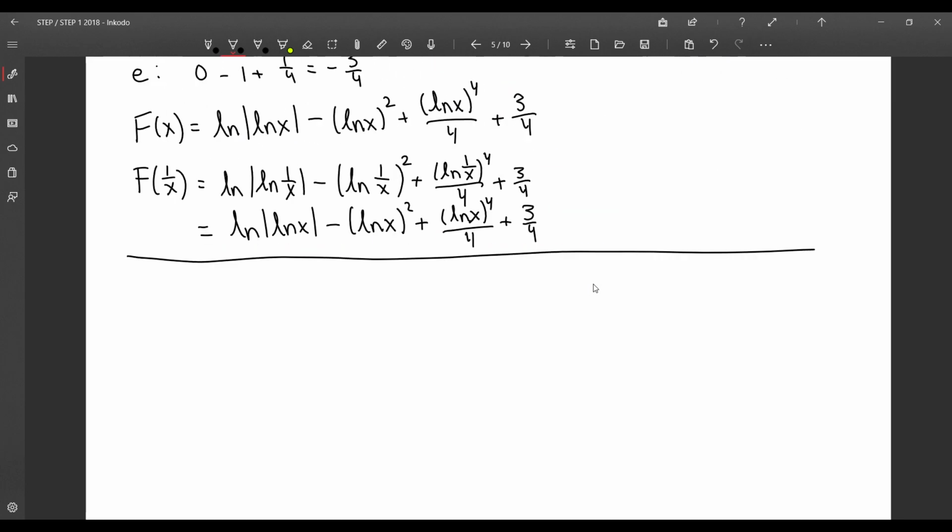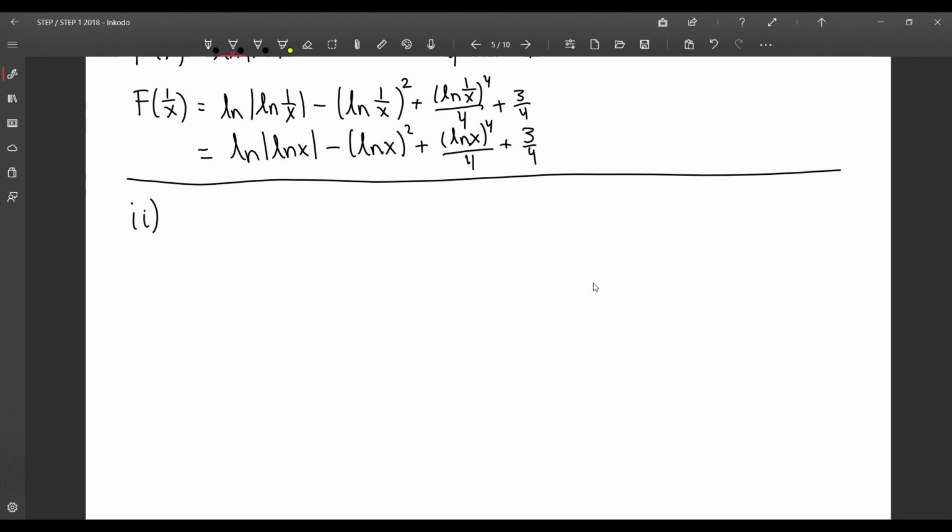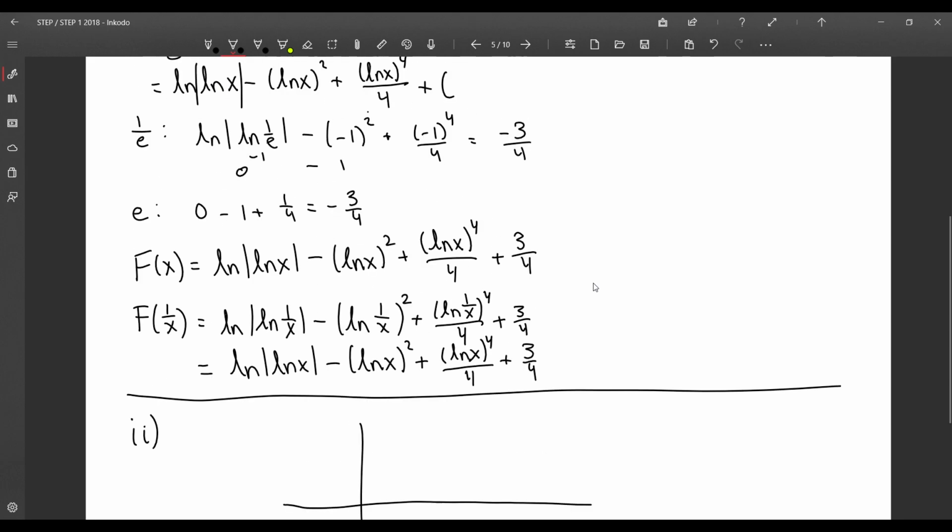Now, this last part is telling us to sketch the curve of f of x. Now, hell if I know how to do that.